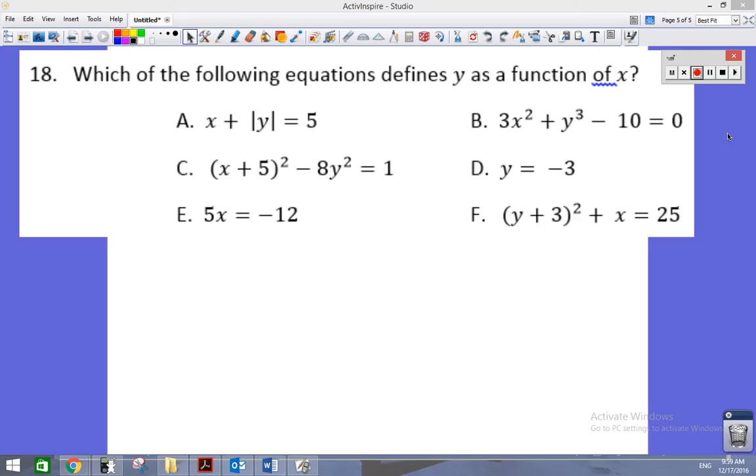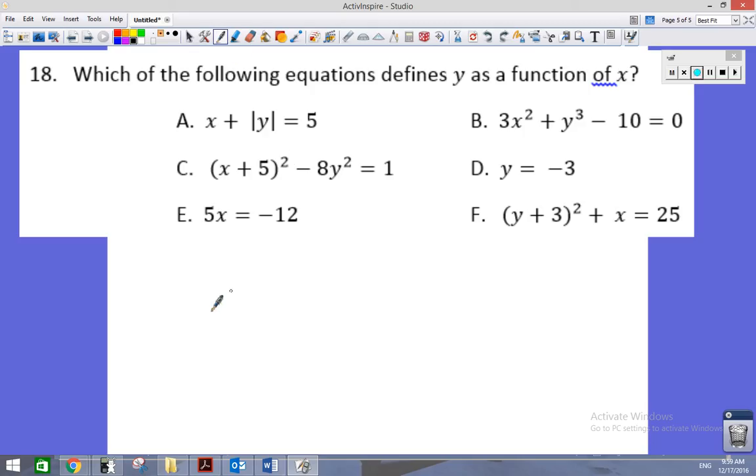is not a function. But then after doing that, we observed a pattern and some rules of thumb, enough to get us by on these and to quickly answer yes or no without doing all that work. One of the observations was that although it's okay to have absolute value symbols around the x variable, in fact, that's the absolute value function, it's not okay to have absolute value symbols around the y variable.